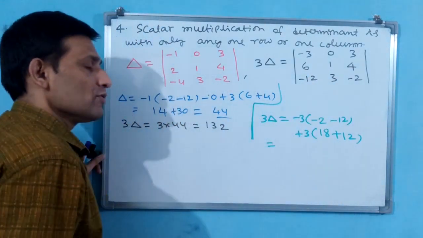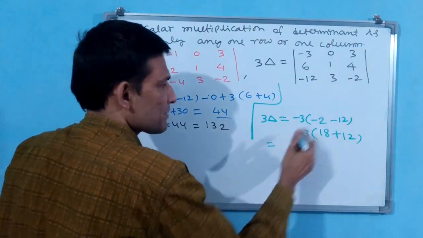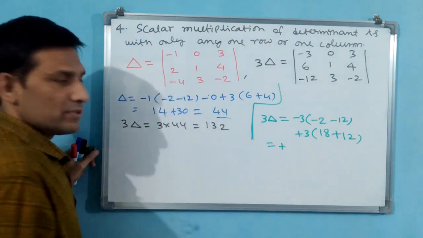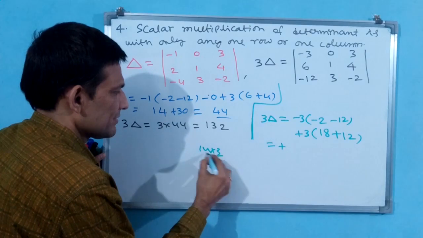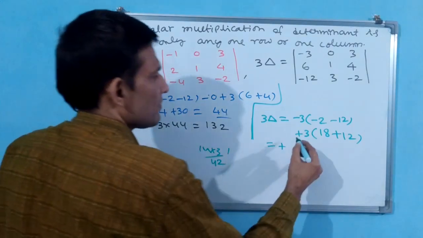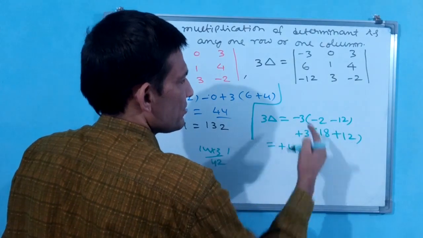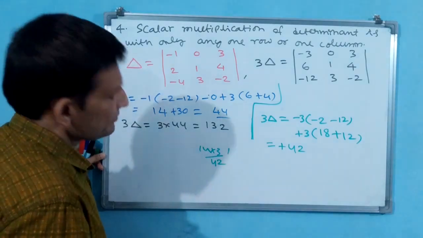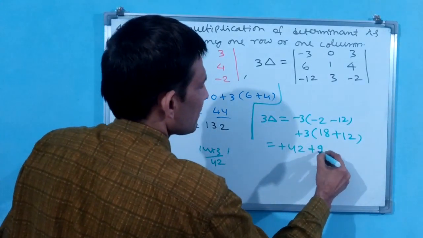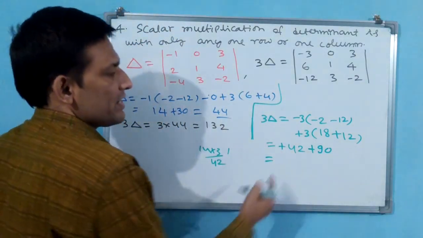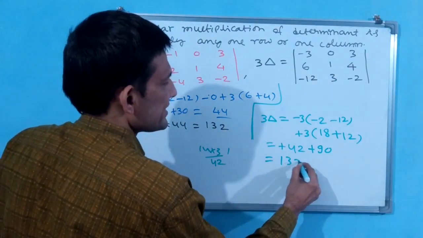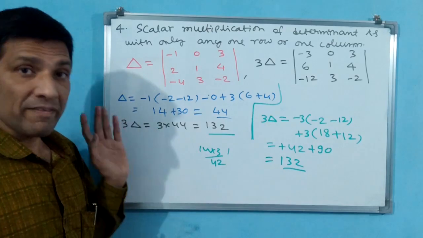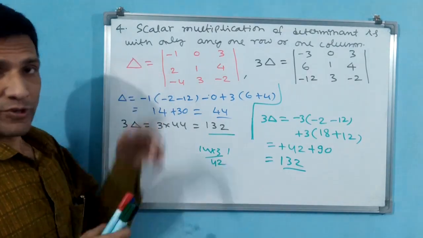Now here minus 14, minus minus plus will come. 14 into 3, 42. Now 18 plus 2 is 20, 10, 30, 30 into 3, 90. 90 plus 40, 130 plus 2, 132. Is it okay? We have verified.